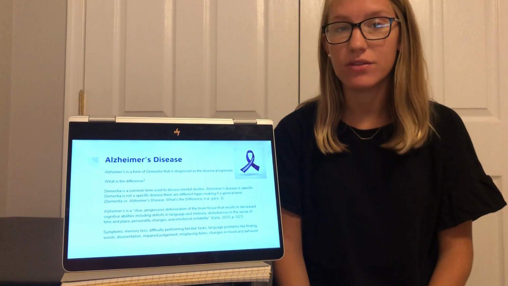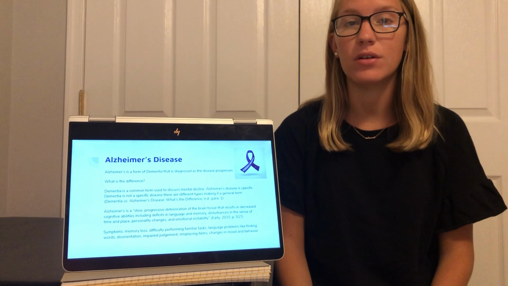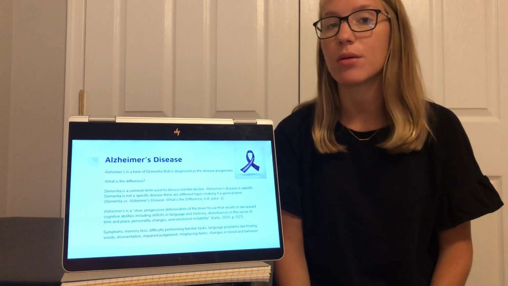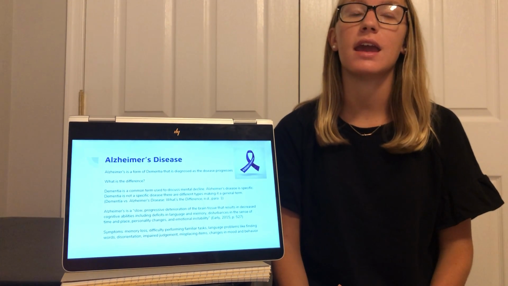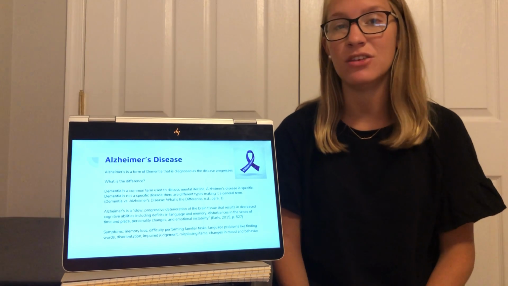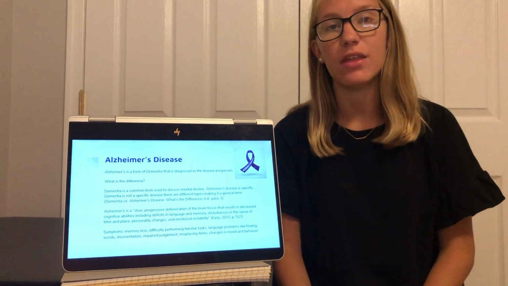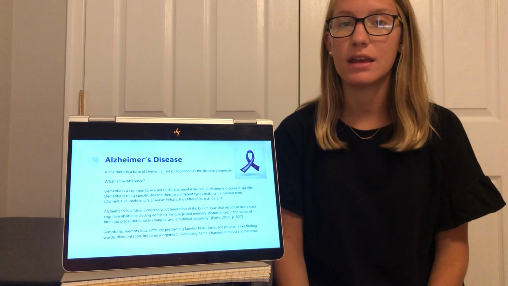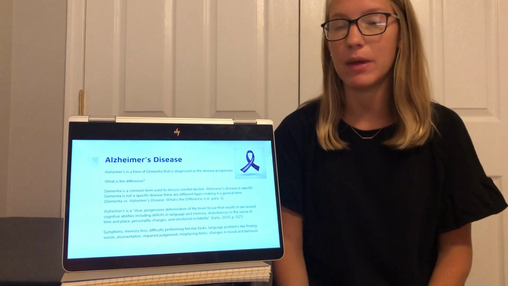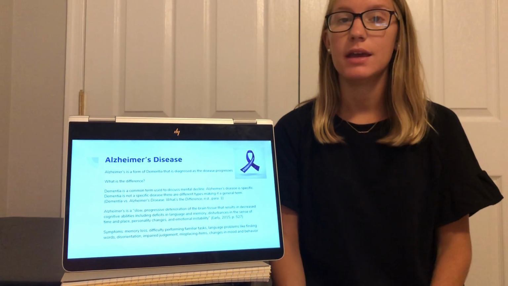The cause of Alzheimer's is unfortunately unknown. There's also no cure for Alzheimer's, but Alzheimer's can happen to anyone, any gender, any culture, any ethnicity. The cause is unknown, so we can't pinpoint it to something specific.